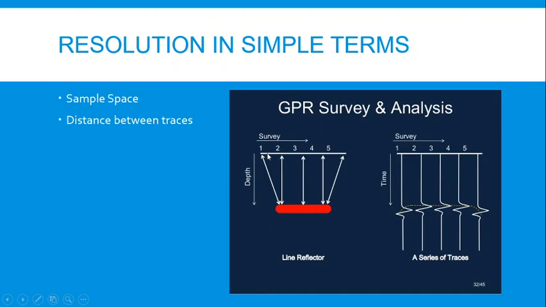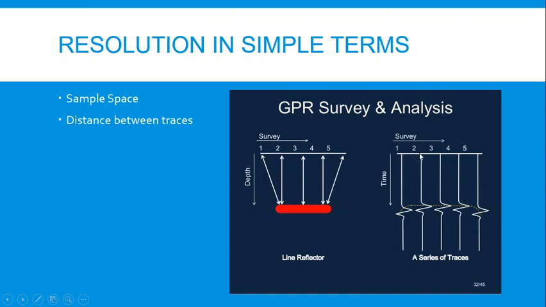This separation is going to be defined by the distance between the traces. So at position 1 we have one trace, at position 2 we have another trace, and so it goes on. So this is the distance between the traces.